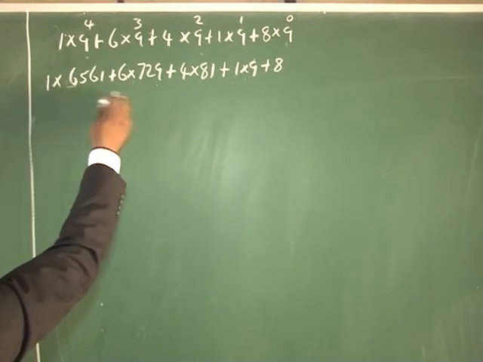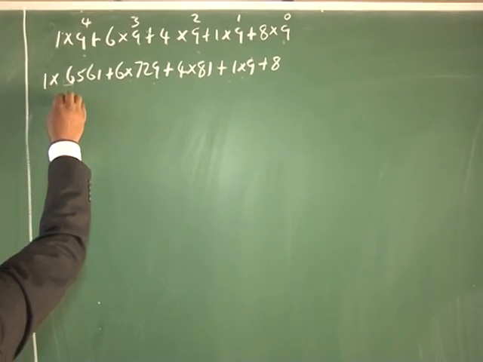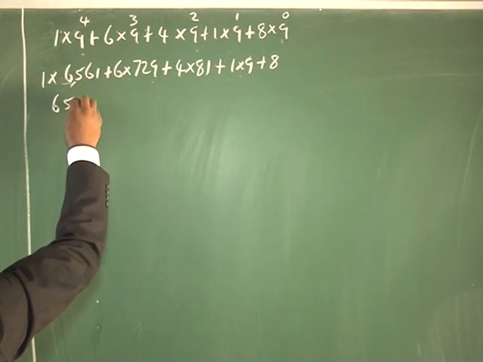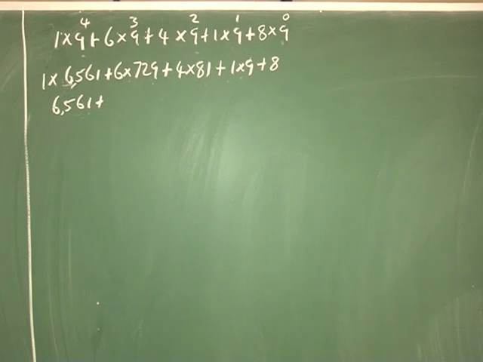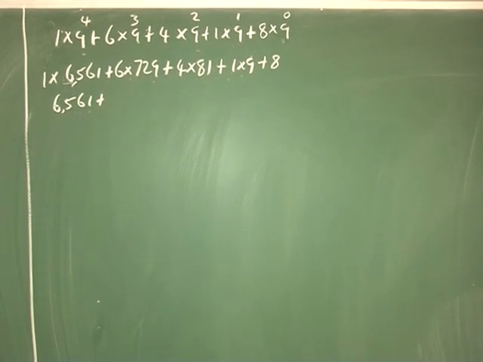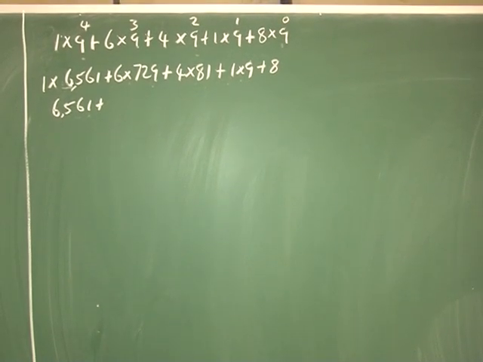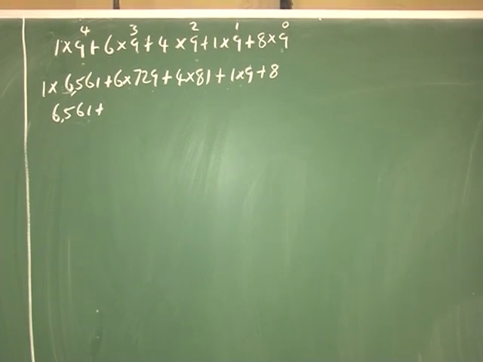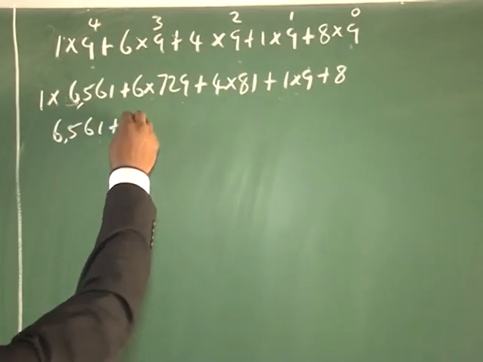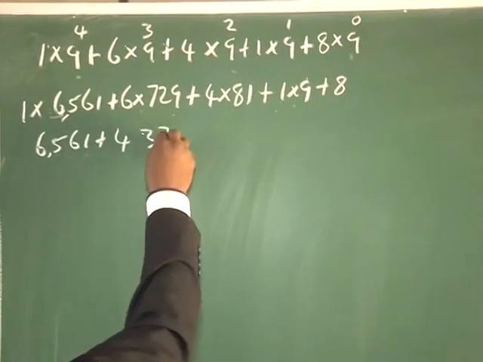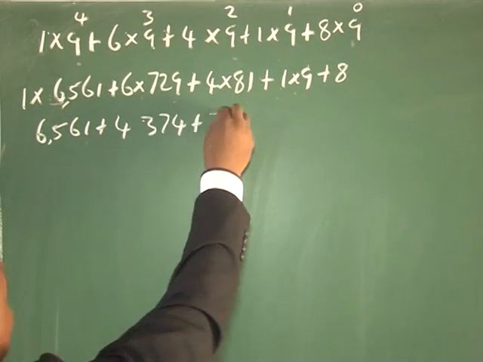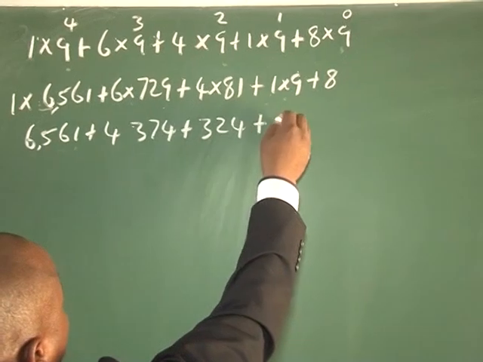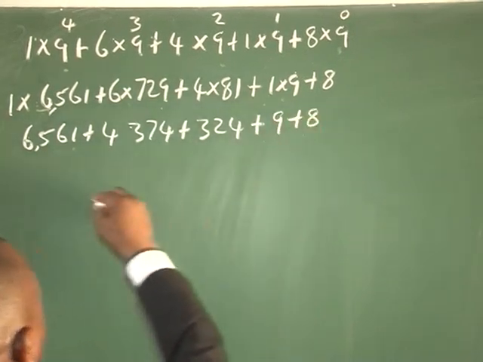Then, by simplification, again we have 6561 plus 729 times 6. It's giving us 4374. 81 times 4 is giving us 324 plus 9 plus 8.